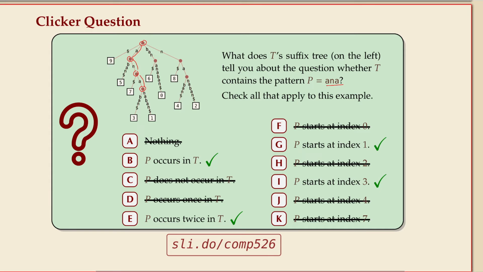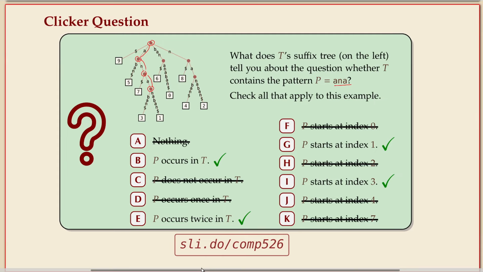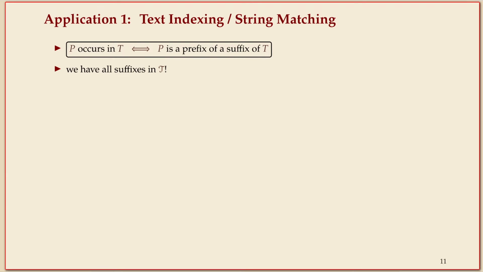So if you follow this, then the algorithm on the next slide will be quite natural. And that's our first application of suffix trees, our good old friend string matching. Just that in this case, we tend to think of it that the text is static and we search several times, but we don't have to.